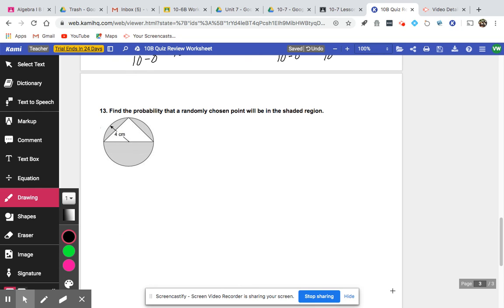Last one, number 13. Find the probability that a randomly chosen point will be in the shaded region. So first we need to find the area of the shaded region and then compare it to the circle. Let's get started, shall we? We need to find the area of the circle, and then we need to find the area of the triangle.